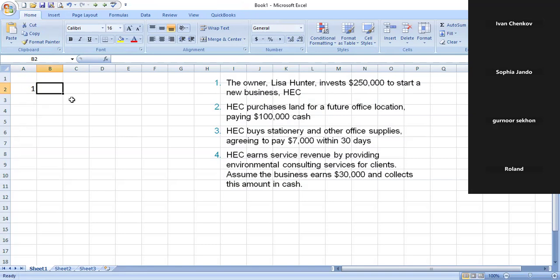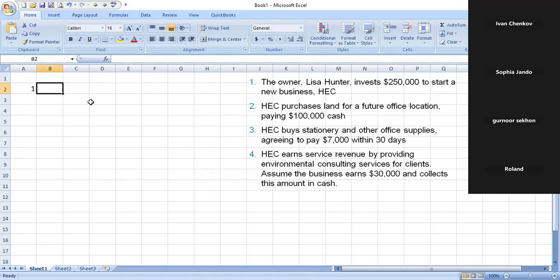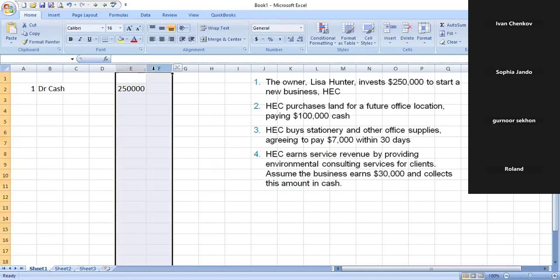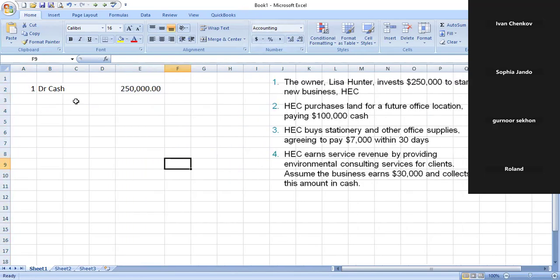Next thing, what did the company get? The company got cash. So what are we going to do? Debit cash. How much did the company get? $25,000 cash. Now the question is, from where did the company get this cash? Who gave it to the company?